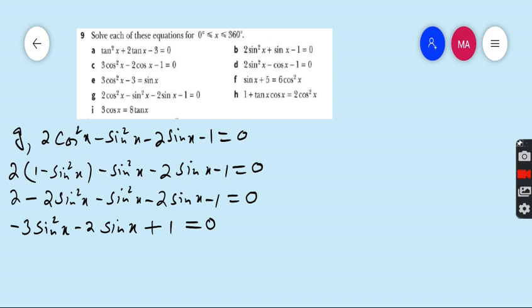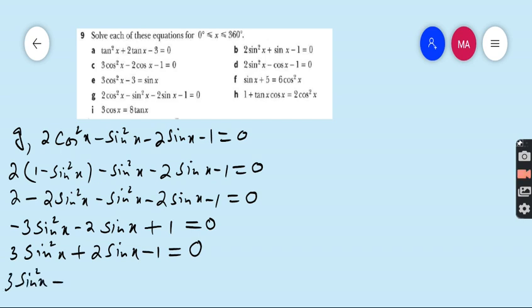In order to make the square term positive, we must multiply each term by negative 1. So we get plus 3 sin square x plus 2 sin x minus 1 is equal to 0. Now, 1 times 3 is 3, 3 minus 1 is 2.